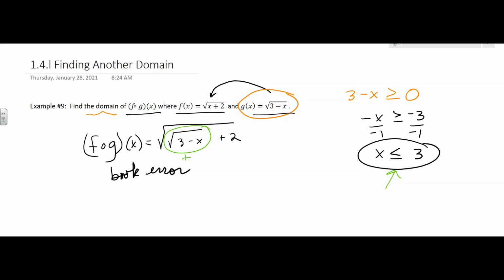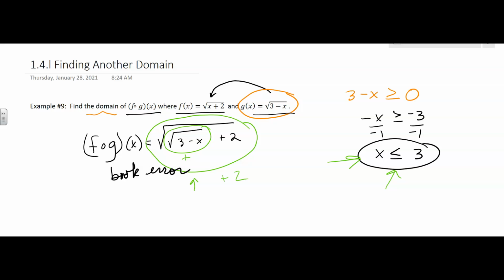But no matter what, that square root's going to be positive. So then this overall function says I got a positive number, and I'm adding 2 to it. Well, that's just going to be positive, right? So there's no way I'm going to get a negative number under that radical if I follow this restriction. So I don't have to worry about finding another restriction on that, because I already know I'm going to have a positive number under the radical.